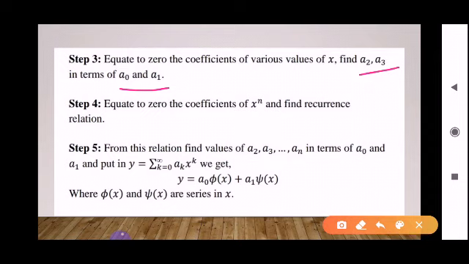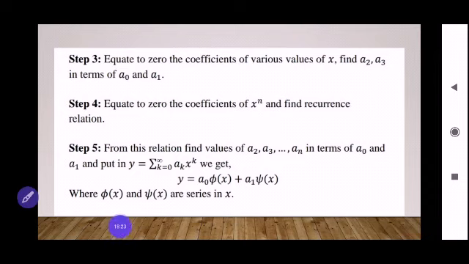After that, if we get the values of a2 and a3 in terms of a0 and a1, then equate to 0 the coefficient of x raised to n and find the recurrence relation. Recurrence relation means if we expand that series for k equal to 0, 1, 2, 3 up to n, we will get different powers of x.